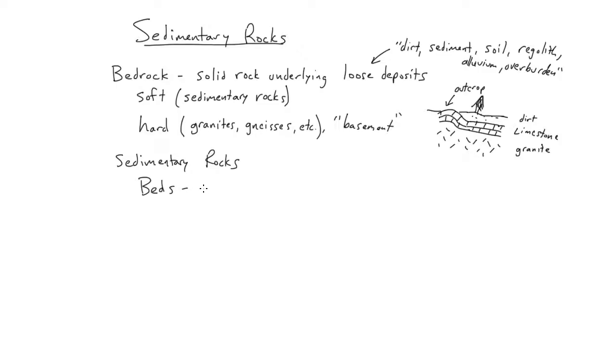So the first is just the fact that they generally form in beds. So beds are uniform layers of rock. They're often centimeters to meters thick, and we'll look at some pictures of these.